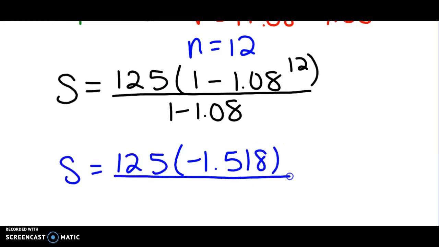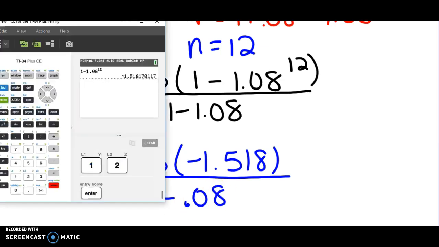And we're dividing that by 1 minus 1.08, so we're dividing that by negative 0.08. And we'll do that on our calculator here. So we're going to take 125 times negative 1.518 and divide it by negative 0.08.